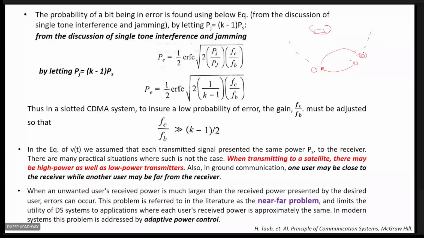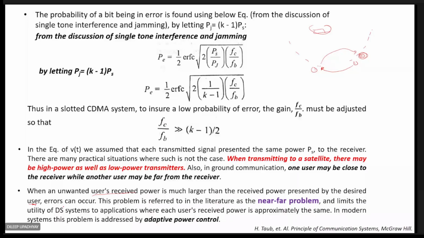So this problem is called the near far problem. For these signals, receiver one is nothing but an unwanted receiver. You can see when an unwanted user, that is user one, receives power much larger than the received power of the desired user, then error can occur.